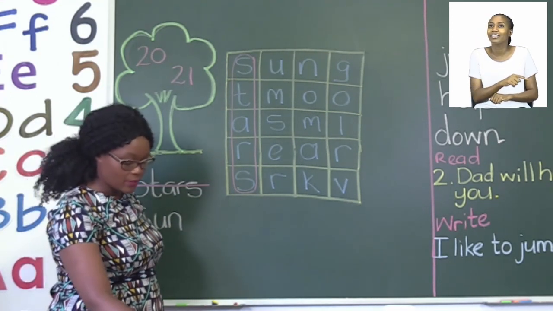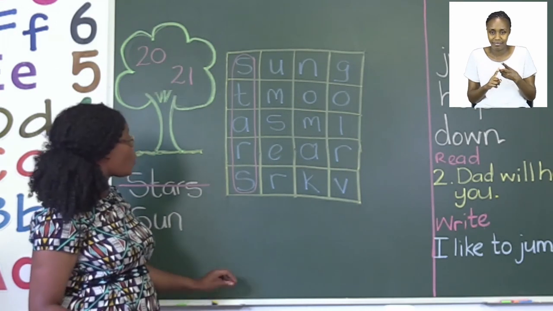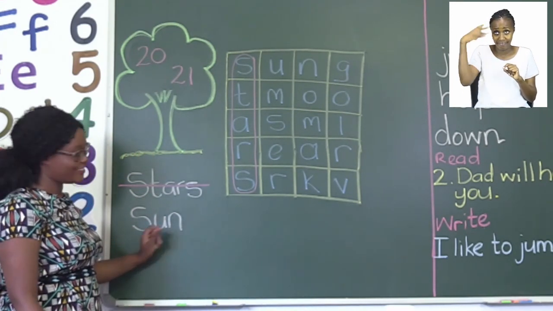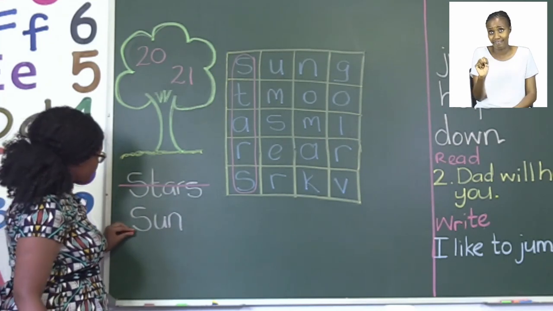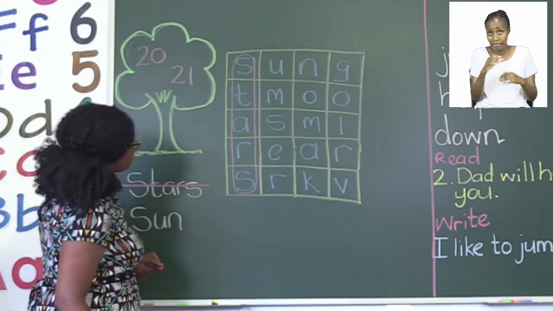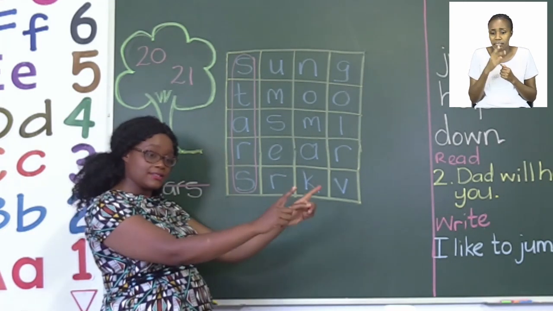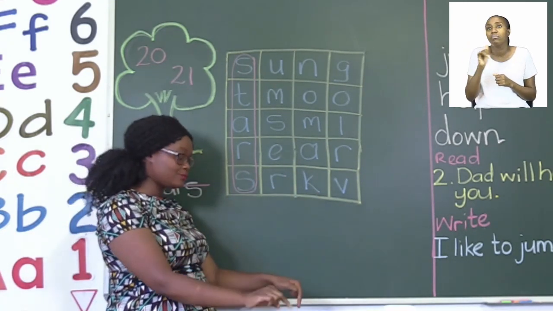Now the next word that we're going to be taking a look at, or the word we're looking for, is the word sun. So we start with the beginning letter, and then we decide whether we're going across or down.